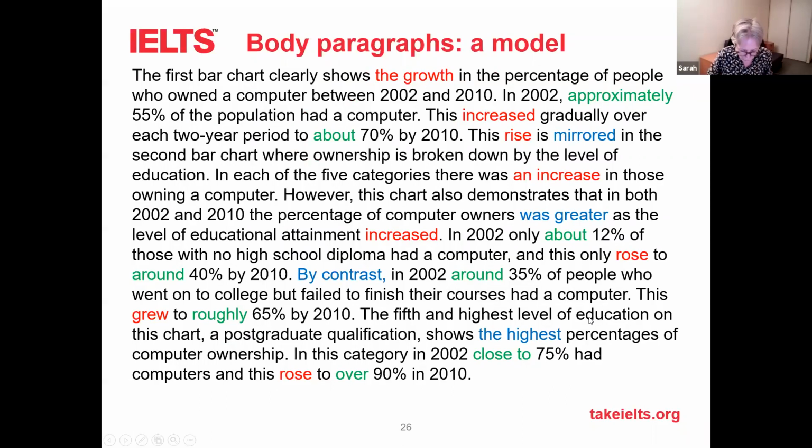Okay, so again, this is the one body paragraph that we need. And again, I'll just give you a minute or two just to read through, thinking about what the words and phrases in different colours mean. But just let you read through that for a moment.